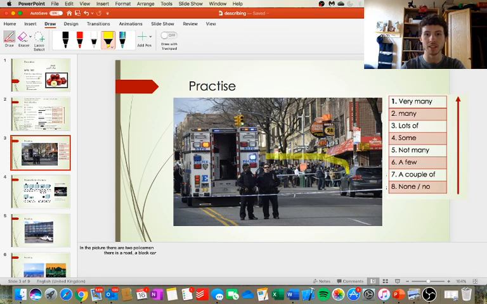What about here? Good. Behind the policeman and the ambulance, there are many people. Good. So almost there. Behind the policeman. Good. Good use of policeman. Behind the policeman, there are many people.